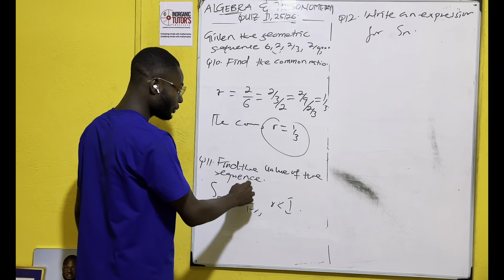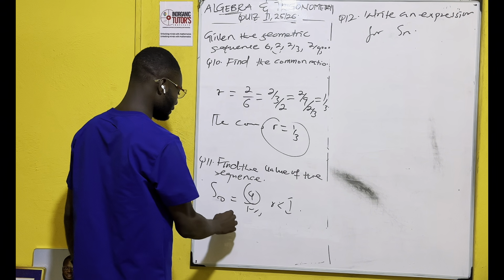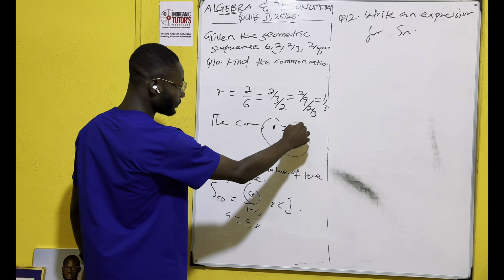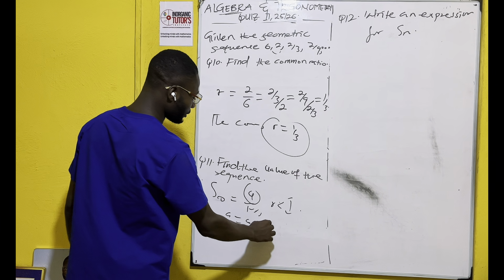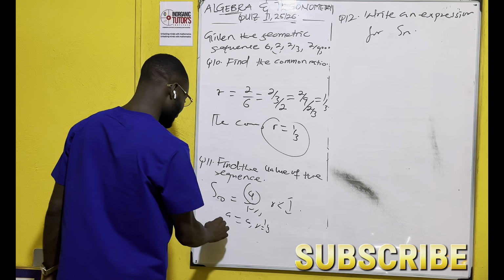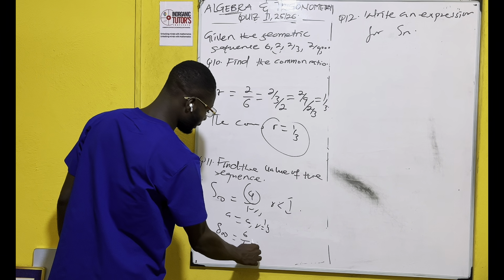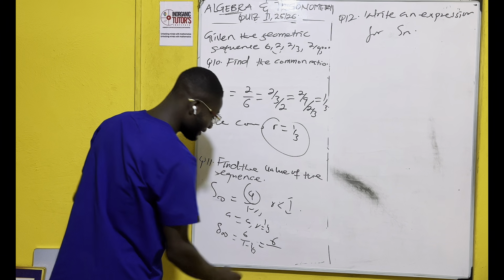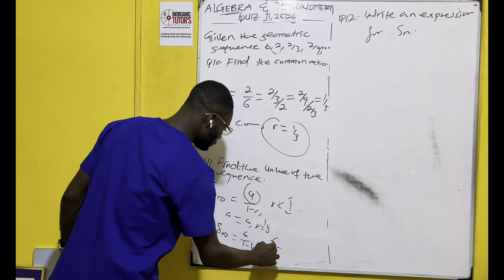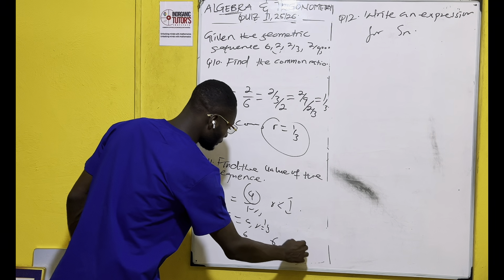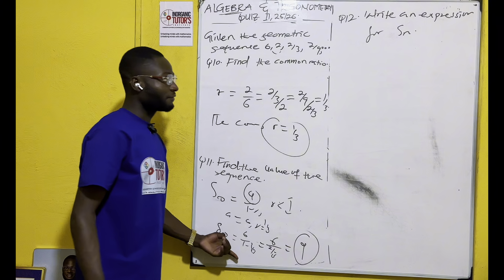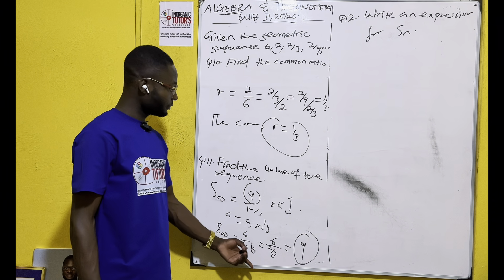From the question, A is 6, and R from question 10 is 1/3. So S to infinity is 6 over 1 minus 1/3, which is 6 divided by 2/3, and this is equal to 9.